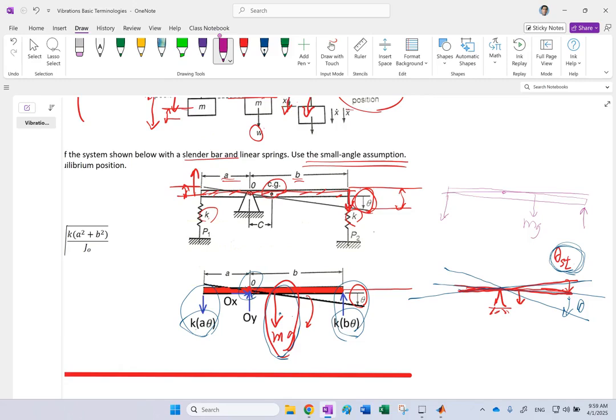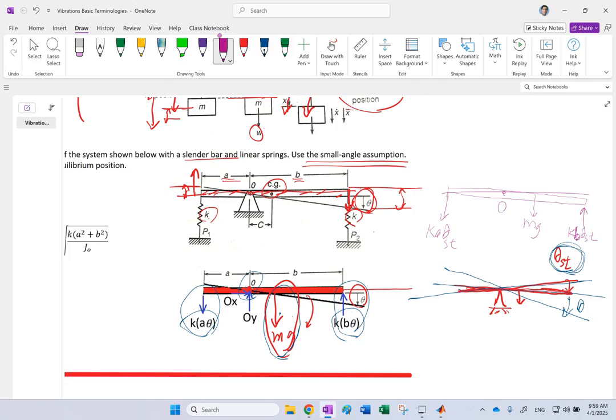How much are these? This is K_A theta static, and this is K_B theta static. And in this case, the sum of the moments about point O was 0.